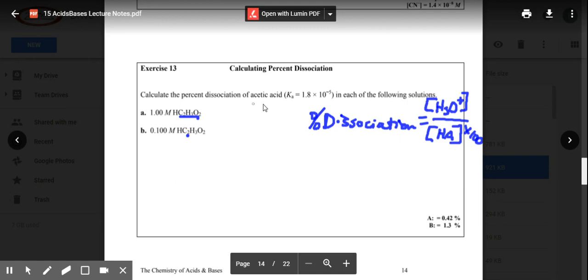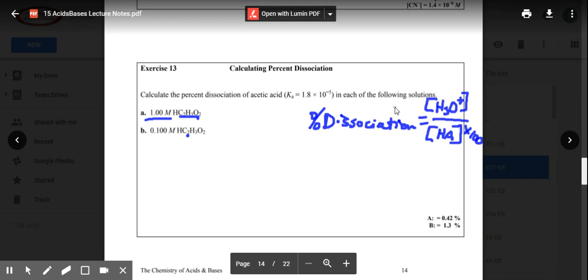So if I want to figure out the percent dissociation, and I'm given a Ka value, I need to know how much of the H3O+ I have. I already know the whole acid concentration because it's given to me right here. So how can I figure out this amount of H3O+?